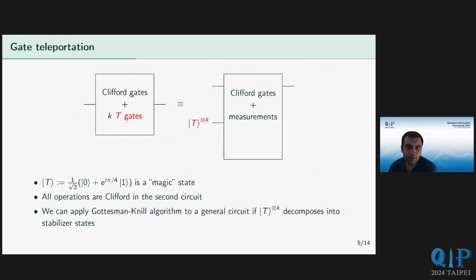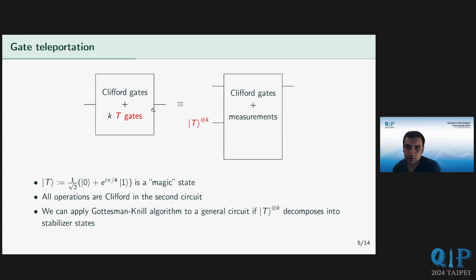If you have an arbitrary quantum circuit consisting of Clifford gates and some number of T gates, there is a standard procedure to convert your circuit to Clifford gates and measurements, adding some ancillary qubits that are in a state called ket T. This T state is a balanced superposition of 0 and 1, and it is sometimes called the magic state.